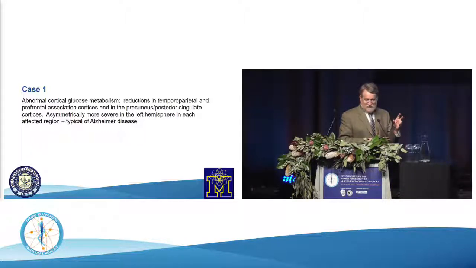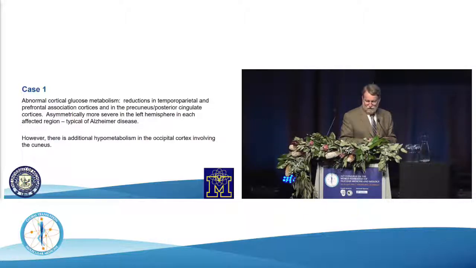When one sees asymmetry, which is very common in all of these neurodegenerations, the way you know it's neurodegenerative as opposed to subcortical ischemia or some other more random process is that the asymmetries, which side is worse involved than the other, is shared amongst all of these sites that are abnormal. This clearly connotes one of the neurodegenerations. So that pattern is typical of Alzheimer's disease.